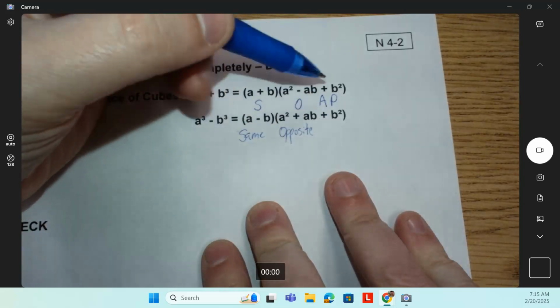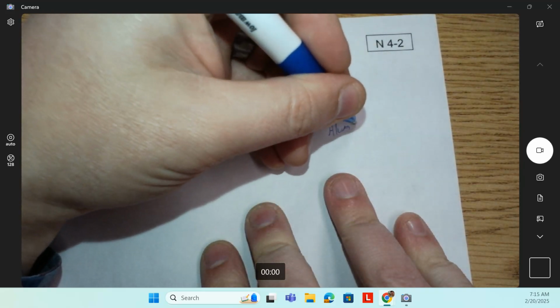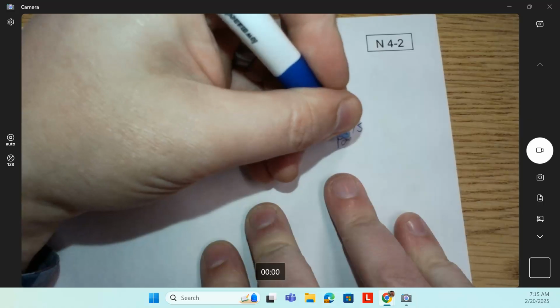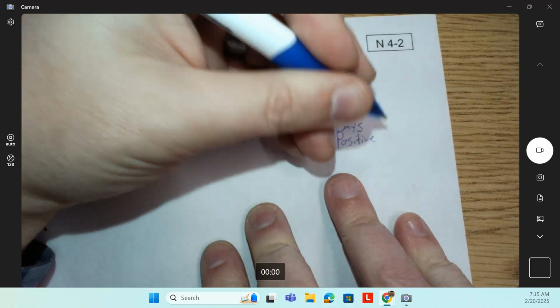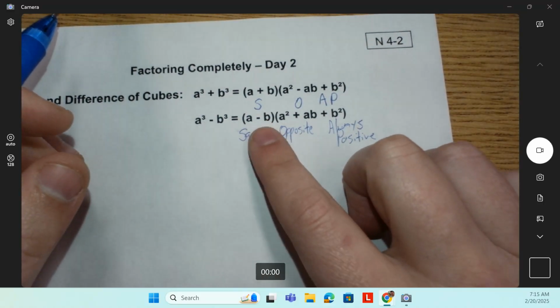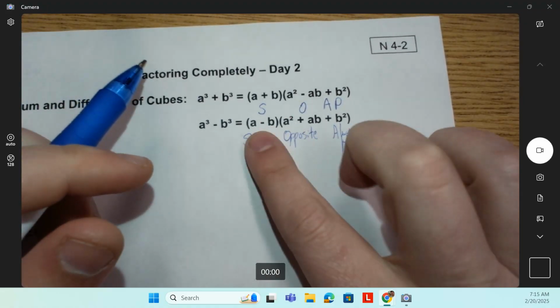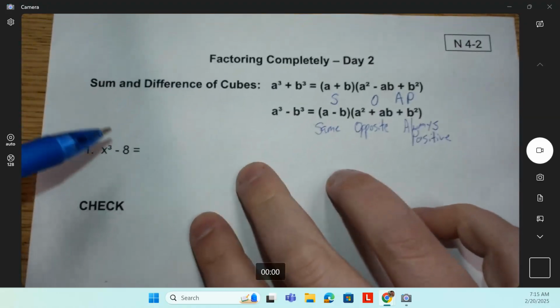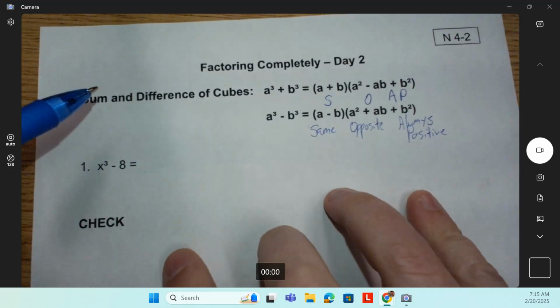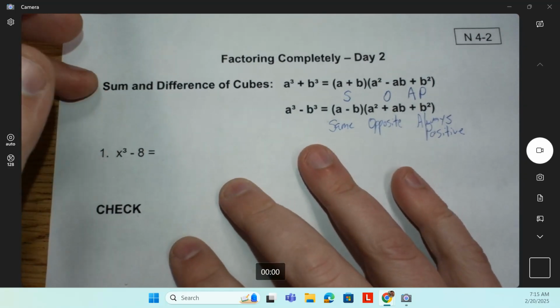And the last sign, as you'll see here, is always positive. So that acronym, SOAP, is to help you remember when you've got a cubed function what the signs are, depending on whether this is addition or subtraction. So with this one on number 1, it is subtraction.